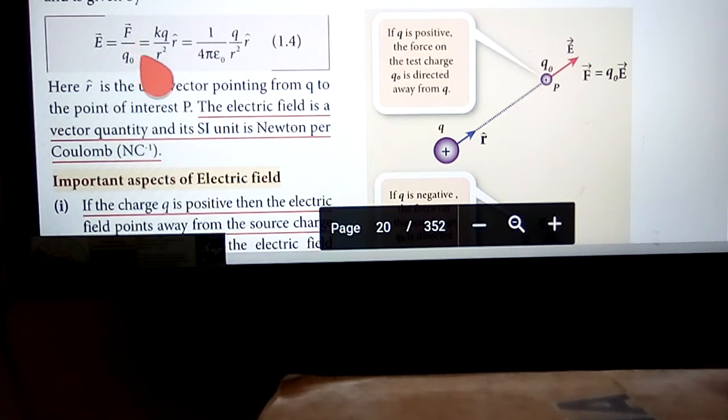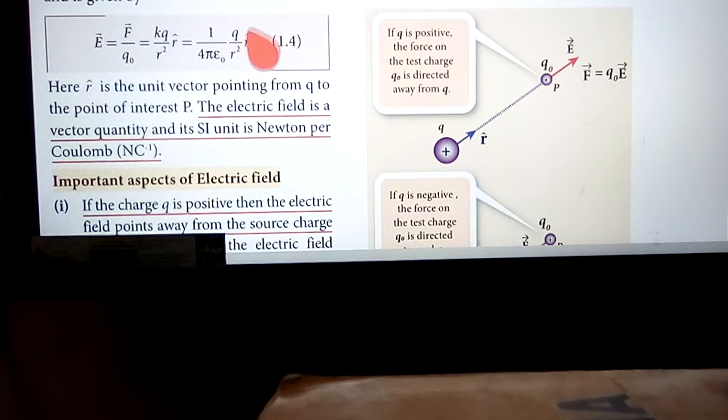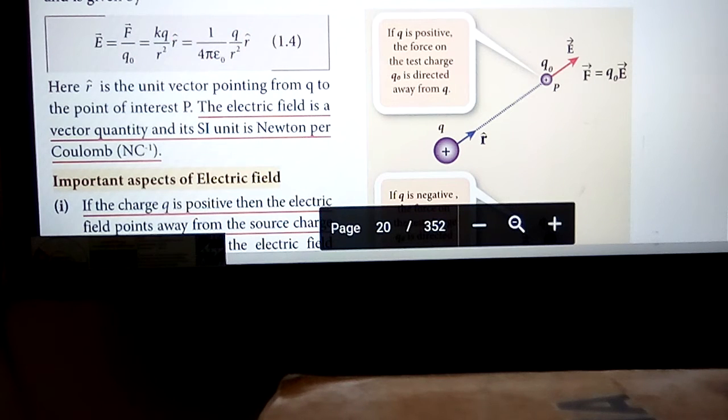So here E is equal to KQ by r square r unit vector, and that is equal to 1 by 4 pi epsilon naught Q by r square r unit vector. So this is the electric field which is created by the charge Q when it is kept at a point in space. Here r unit vector is the unit vector pointing from Q to the point of interest P.